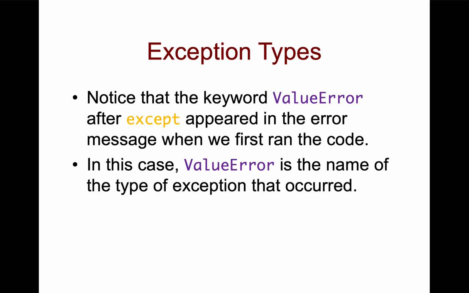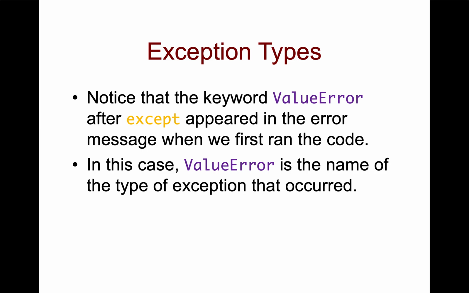We've seen NameErrors, for instance, so we know that there's more than one kind of exception that can occur. You do not have to specify the type of error that your except is designed to handle, but a try except can have more than one except clause, and you can take different action depending upon what type of exception occurs.